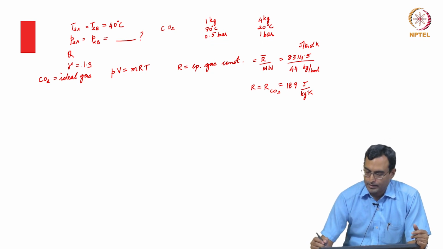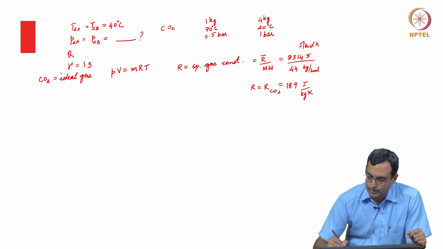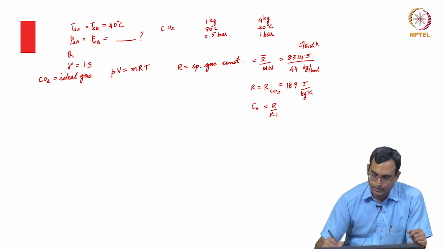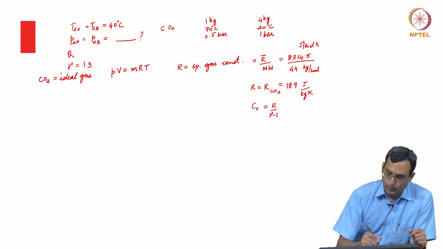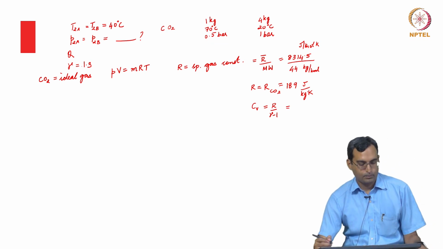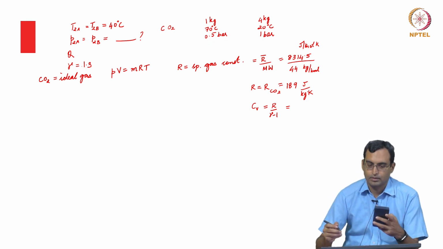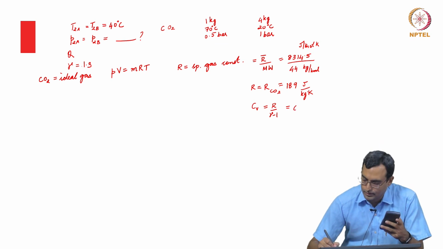At some point of time, I think I am going to need specific heats. So, I will possibly find them out here. Cv is given as R by gamma minus 1, gamma is given as 1.3. So, that is going to be 189 divided by 0.3, which comes out to be about 630 joule per kg Kelvin.